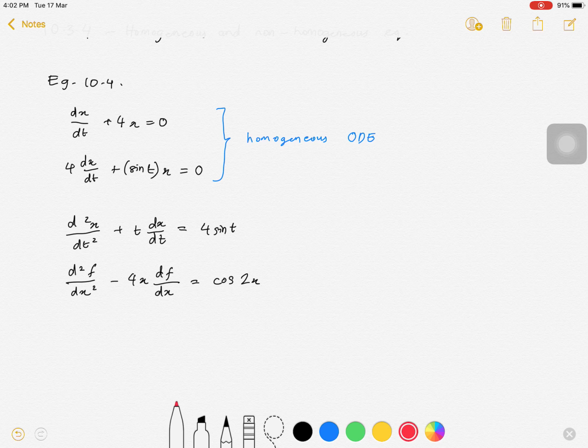These are non-homogeneous ODE, and you see the difference.